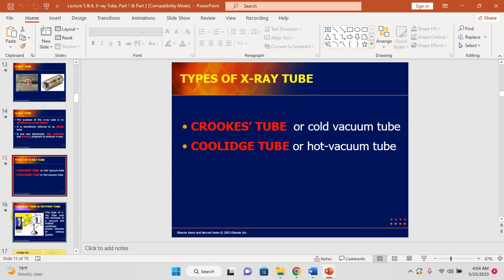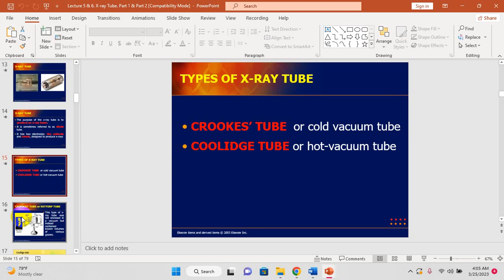And the second one is the Coolidge tube. It is the modern X-ray tube or hot vacuum tube. Kaya siya sinasabing hot vacuum tube. It is because there is an absence of air that enters in the vacuum space of the X-ray tube, which makes the X-ray production efficient.